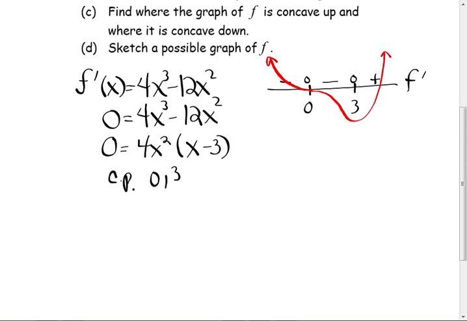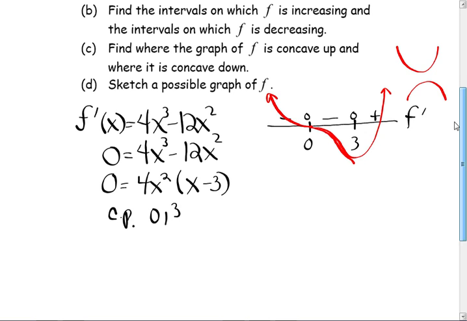That's up, and then it becomes down. If it's concave up like a cup, that's the definition. Will it hold water or won't it? This won't. That looks like a frown. Down like a frown. Okay, let's do the second derivative test.